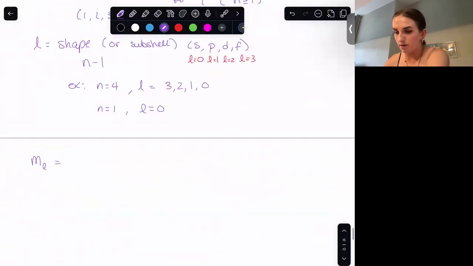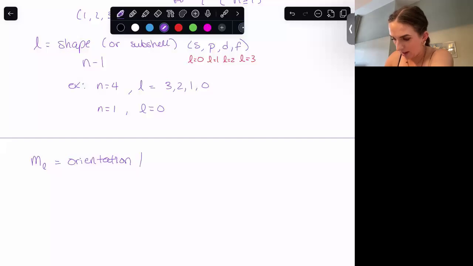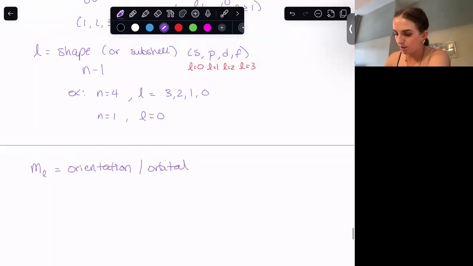Okay, so m sub l, this is going to be your orientation, or your orbital. And the rule here is negative l is less than or equal to m sub l, which is less than or equal to l. Right, integers from negative l to l.